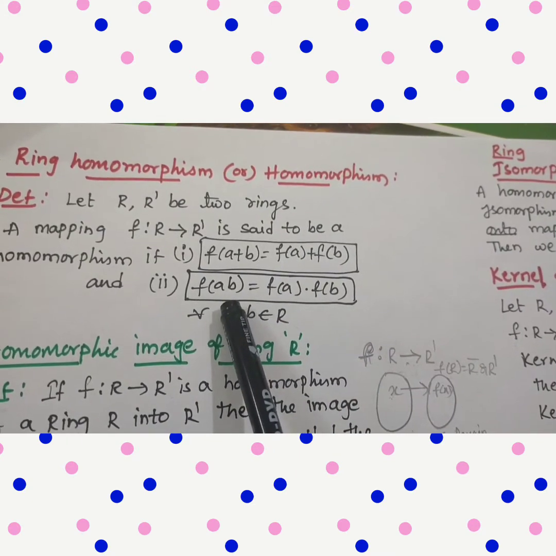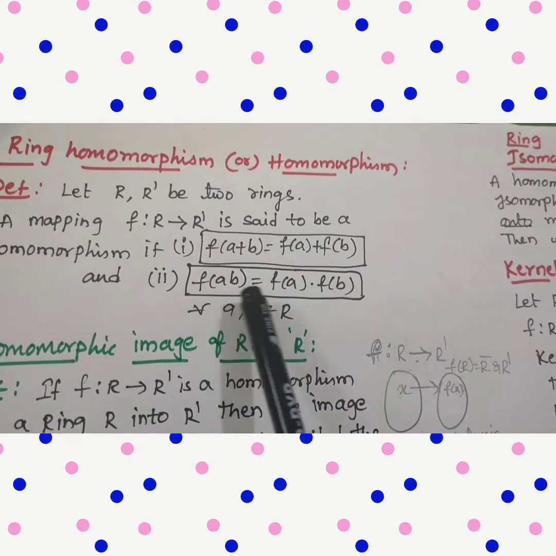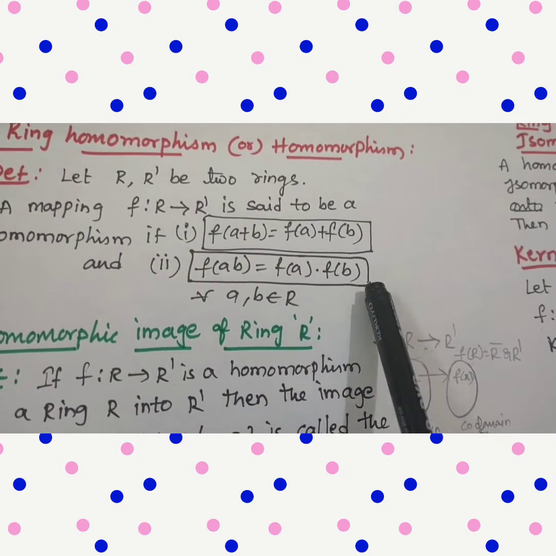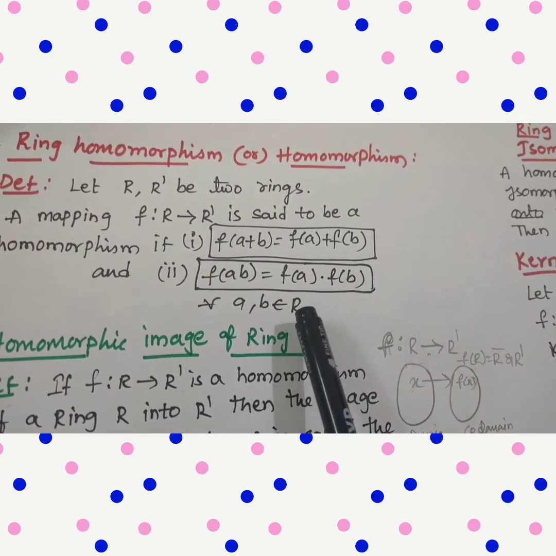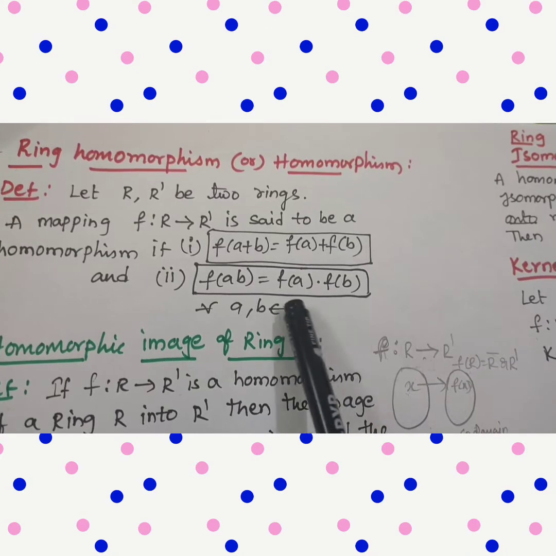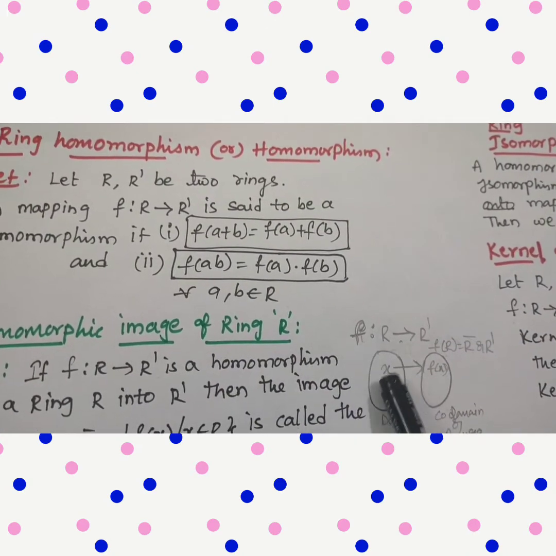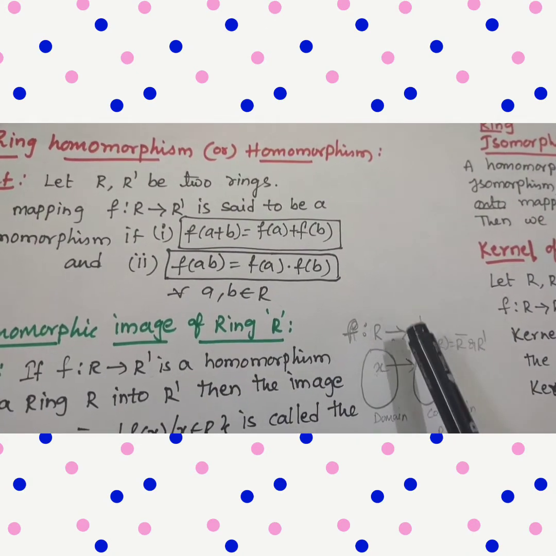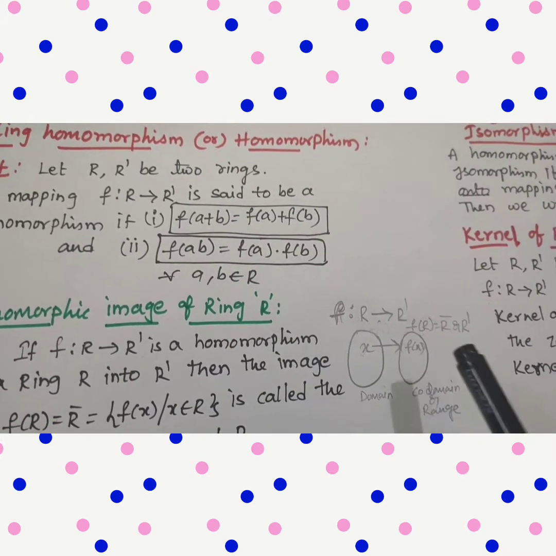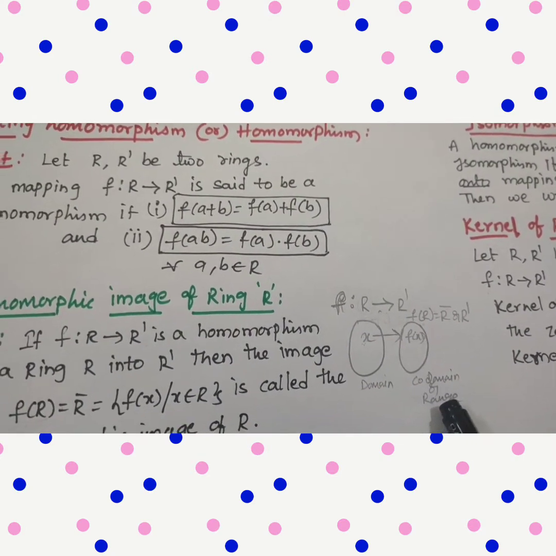With respect to multiplication, f of a into b is equal to f of a into f of b, where a, b belong to R. The elements in set R are called domain elements. Elements in R dash are called codomain elements or range.